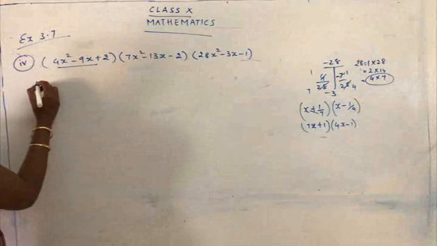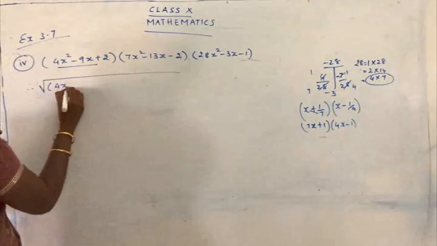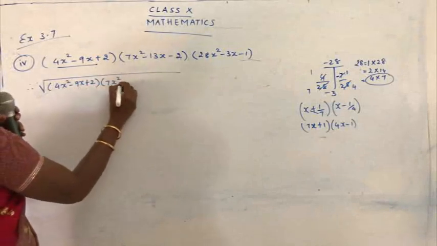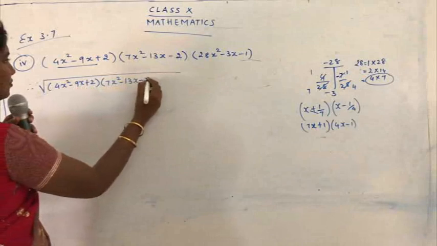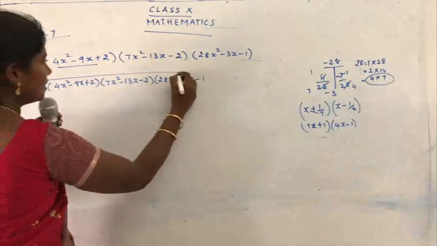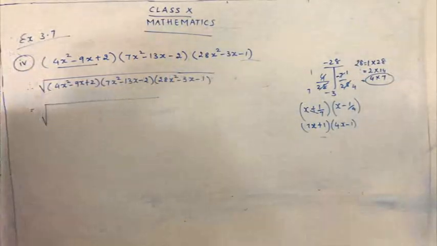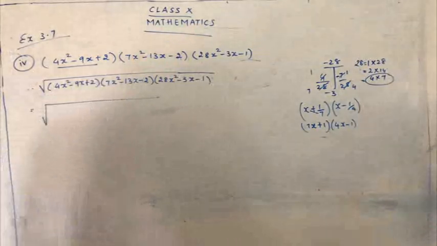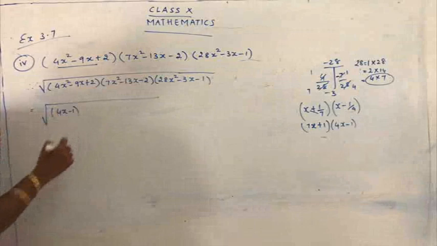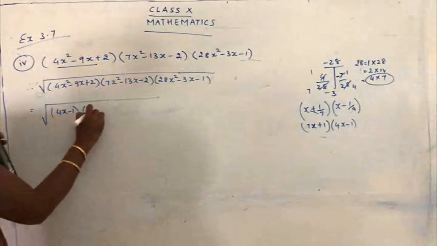This is therefore square root of 4x square minus 9x plus 2, 7x square minus 13x minus 2, 28x square minus 3x minus 1 is equal to. What was the answer for 4x square minus 9x plus 2? What were the factors? It was 4x minus 1, x minus 2.